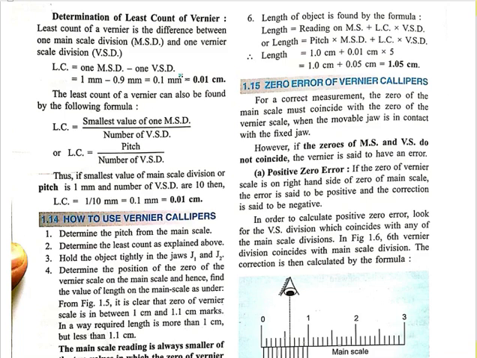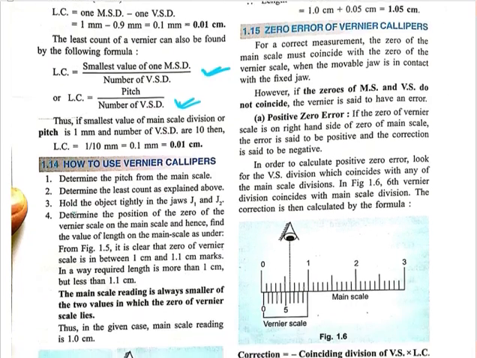So it is 0.1 millimeter, or if you convert it into centimeter, this will be 0.01 centimeter. There will be two formulas. This one: least count is the smallest value of 1 MSD divided by number of VSD. MSD is main scale division and VSD is vernier scale division. Or you can use this formula also: pitch by number of VSD. So just remember these two.